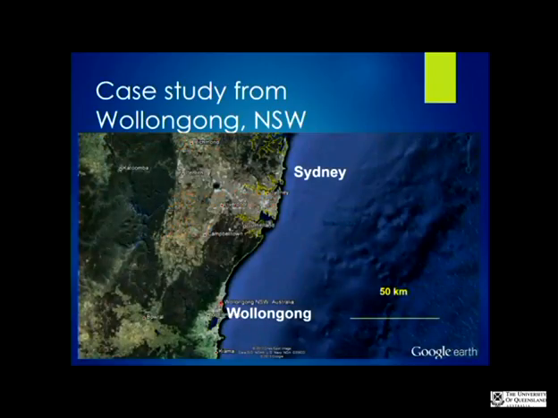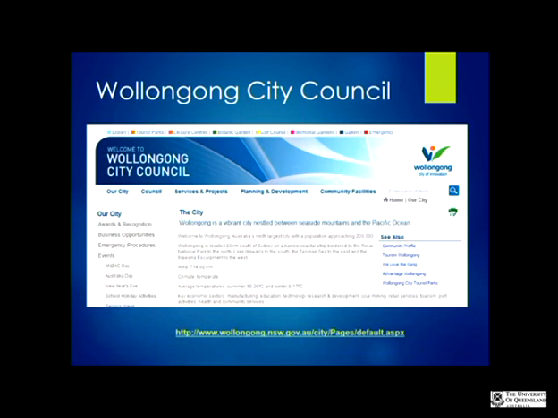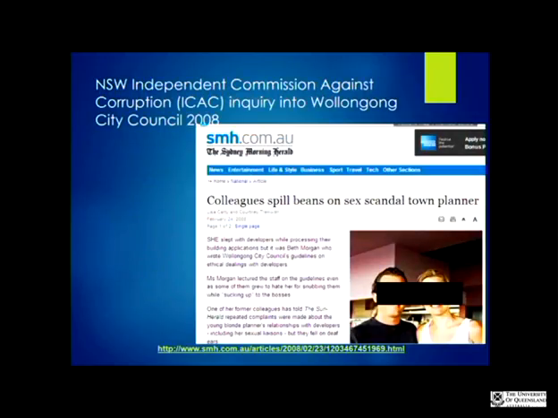So Wollongong, if you don't know, it's in New South Wales, so there's Wollongong down the bottom here. Wollongong City Council, a vibrant city nestled between seaside mountains and the Pacific Ocean, with a population approaching 200,000. Sounds delightful. What happened was there was an independent commission against corruption, so an ICAC inquiry into the Wollongong City Council, and there was a person who was in Wollongong City Council.